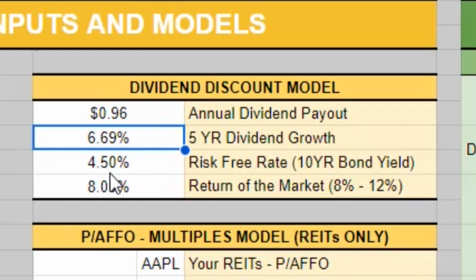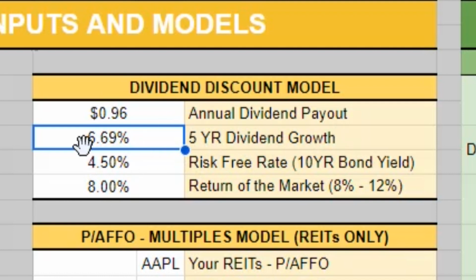This calculation is used for companies that have a very conservative 5-year dividend growth rate. Anything above return of the market basically means that this stock is going to outgrow the market and be the best fund in the market if it grows infinitely using that 5-year dividend growth.